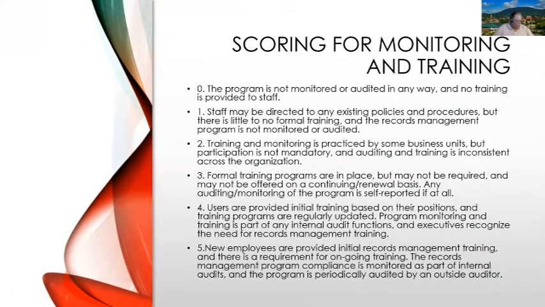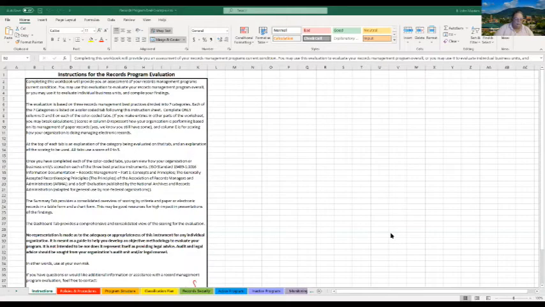Right now, at this point, I'm going to pause the sharing for just a minute here, and I'm going to switch over to the Excel spreadsheet, the actual live spreadsheet, and we'll take a look at that from sort of start to finish.